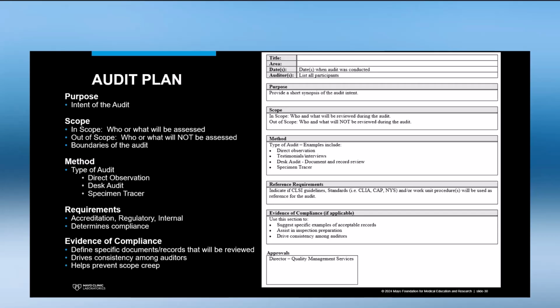And lastly, we include evidence of compliance in our audit plan. We find this very useful because it defines the specific documents and records that will be reviewed. It drives consistency among the audit coordinators, and it helps prevent what we call scope creep. So we're not asking for things or reviewing information that was not in scope for the audit.